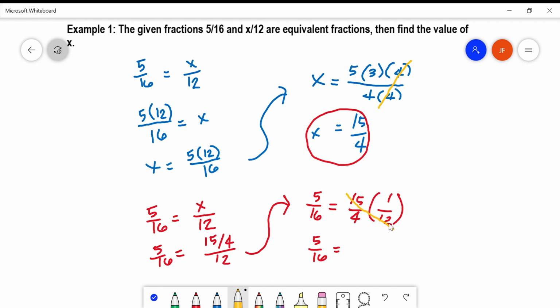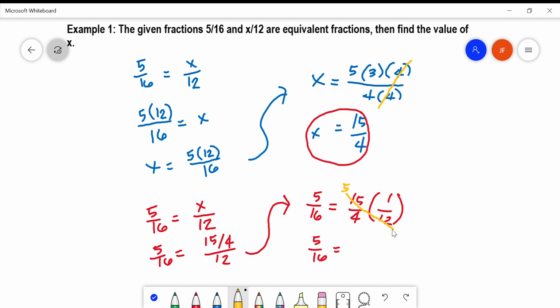Instead of computing large numbers, through cancellation we can eliminate the common factors and multiply numbers that are easier to deal with. Okay, so 15 has 3 and 12 has 3. So if you're going to cancel the 3, 15 has 5.